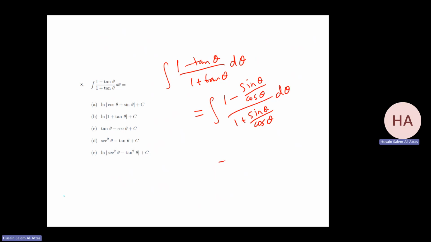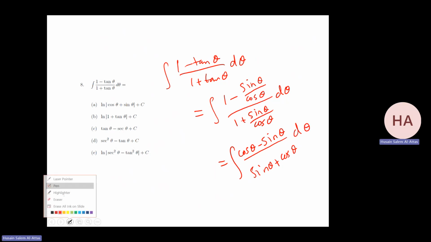D theta. That gives me what? The integral of cosine theta minus sine theta over cosine theta, cancelling the cosine in the numerator and denominator, makes it sine theta plus cosine theta, d theta.